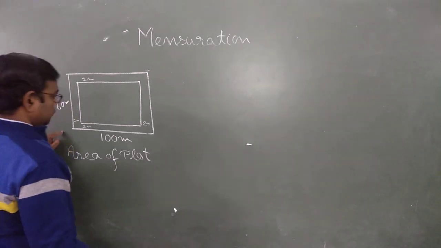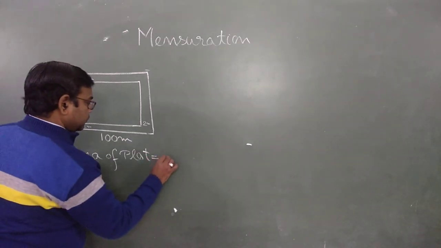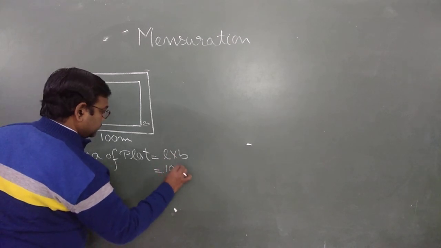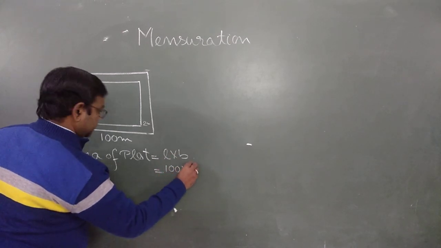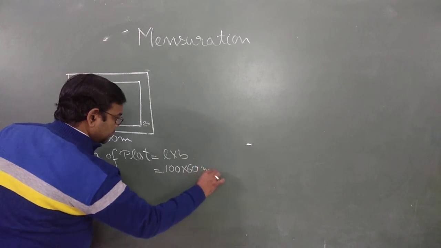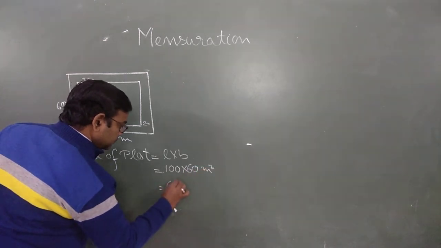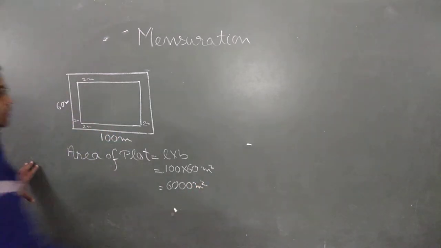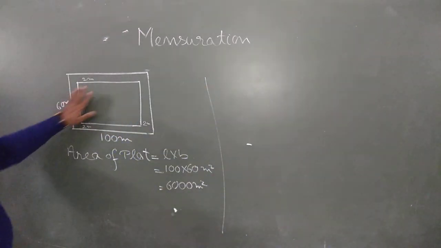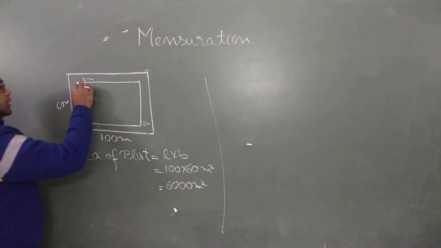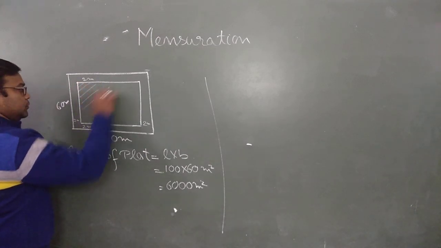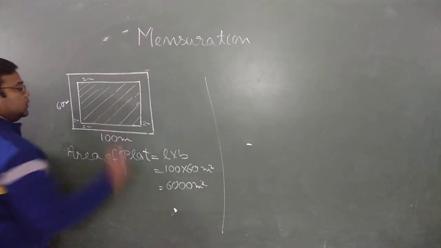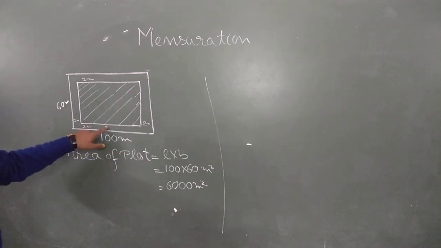Area of the plot equals length into breadth. What is the length? It's 100 meter. What is the breadth? It's 60 meter. Area is meter square, so it's 6000 meter square. Now leave it. Come to this part. This is your grassy area. For this area, what is the length? We don't know.